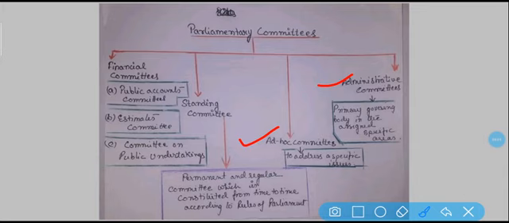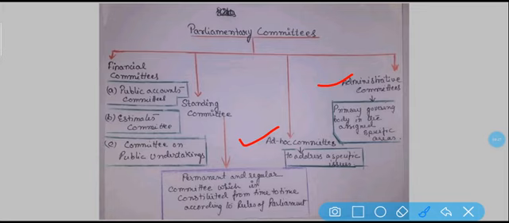If you remember, a few days ago there was news that the central government was sending some observers to supervise the condition of West Bengal during the pandemic.